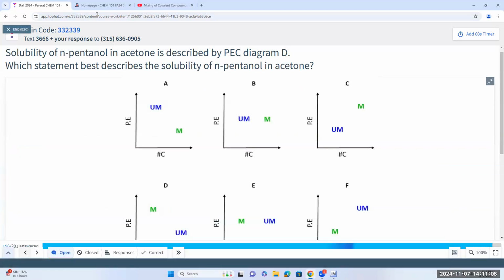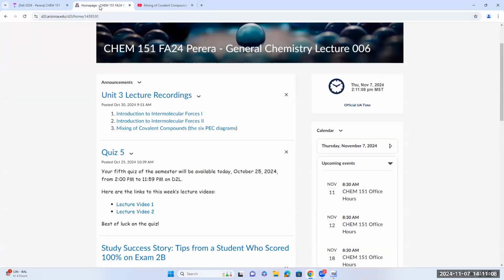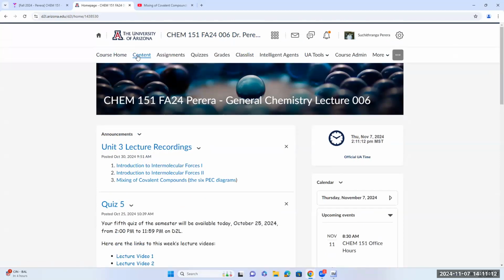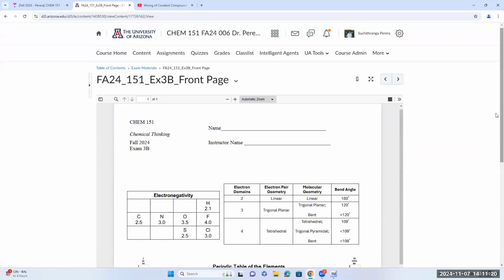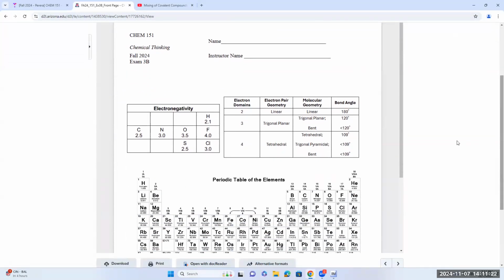Oh, by the way, before I forget, while we're looking at the D2L, on the exam material, I posted your front page for exam 3B. I hope it's just the front page, not the entire exam. When you do the review exams and also maybe discussion worksheets, try using only the front page provided here.